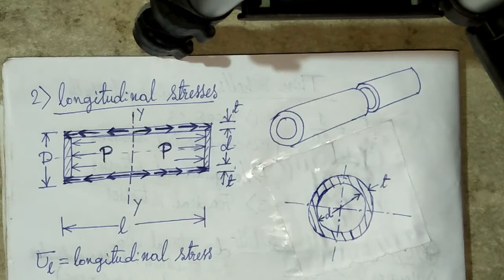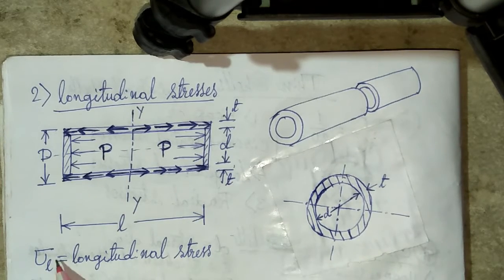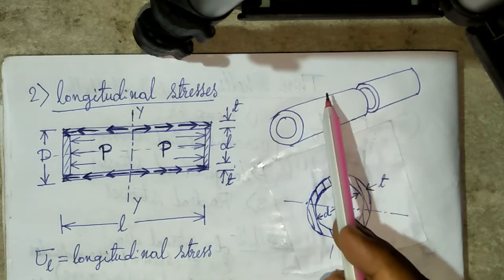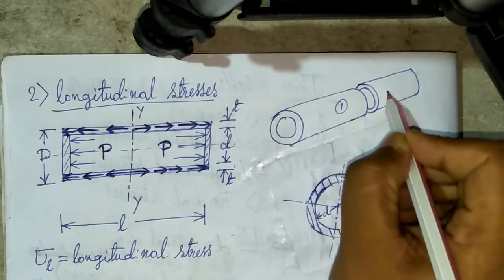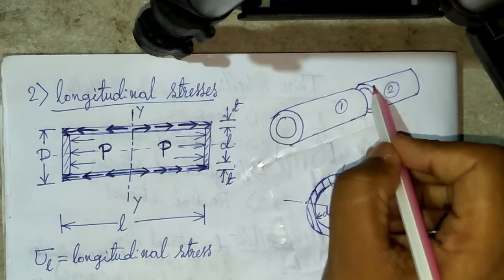In the case of longitudinal stresses, the longitudinal stress is sigma suffix L. For longitudinal stresses, the cylinder failure is like this: one single cylinder divided into 2 cylinders, that is 1 and 2. This is the failure area.